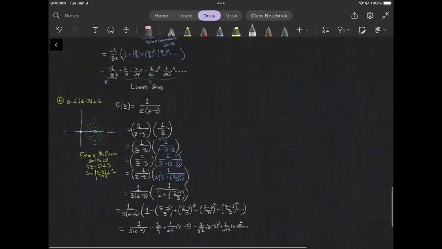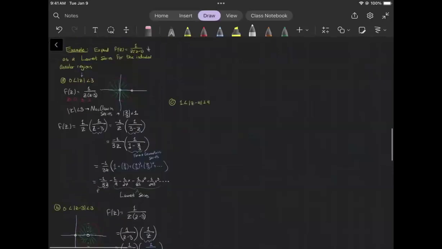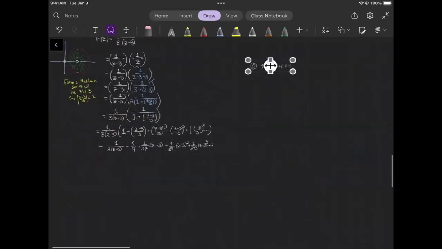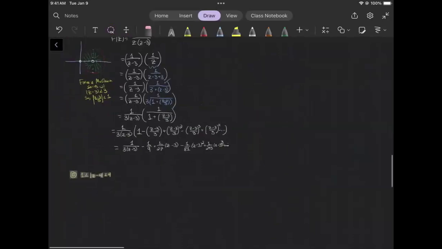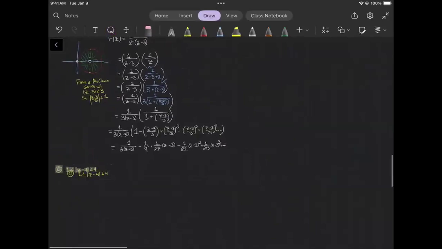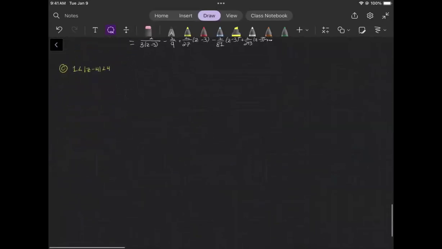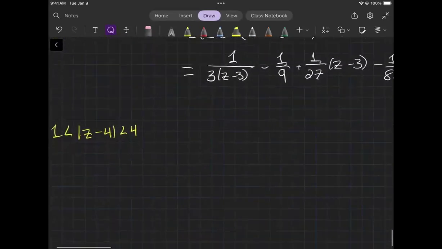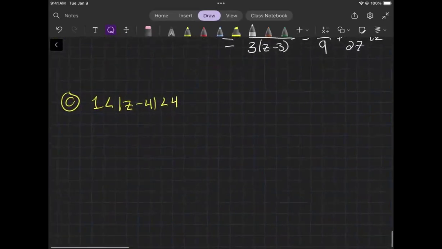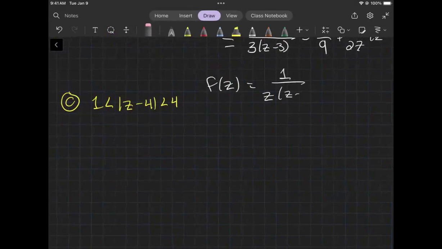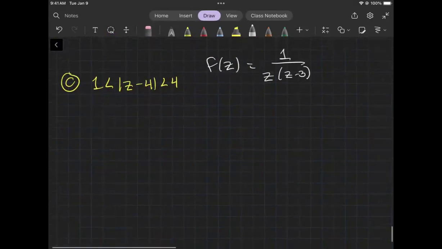Now part C is going to be a little bit trickier. So what we want to do is formulate a Laurent series for f of z equals 1 over z times z minus 3, along this annular region.